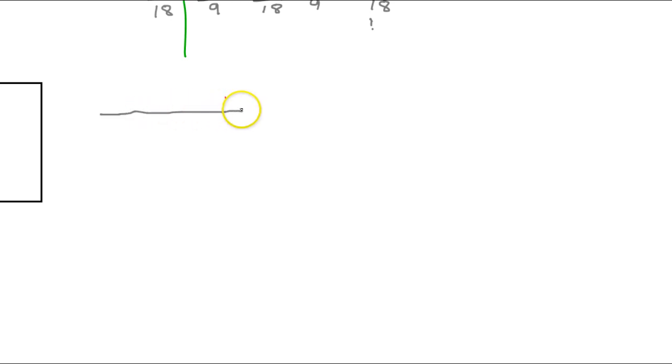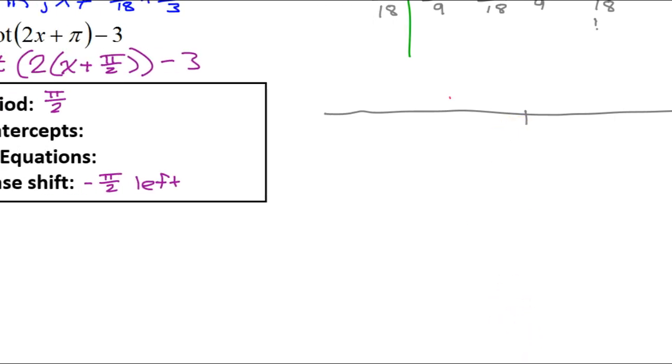All right, so here's my x-axis. And even though normally we would put 0 in the middle for tangent or cotangent, because of the phase shift, I'm going to put negative pi over 2 right in the middle. So here's negative pi over 2.